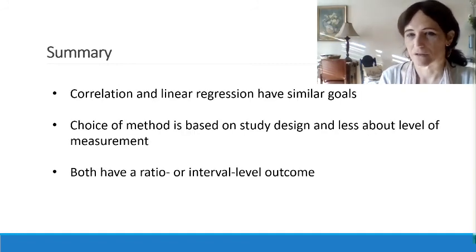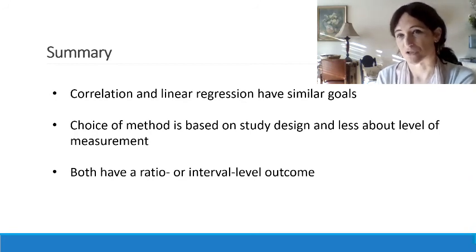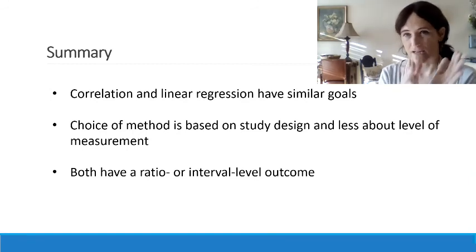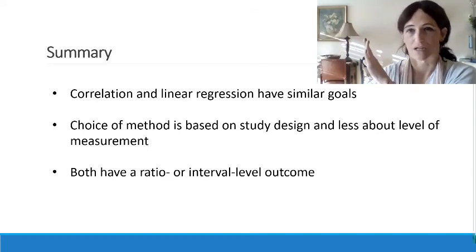So in summary, correlation and simple linear regression are very similar, and they have similar goals. However, the choice of method is based on study design and our conceptual understanding of the relationship between the two variables, and less about the level of the measurement. Also, we would often use simple linear regression as a way to build towards doing multiple linear regression, which is what we're going to cover next.